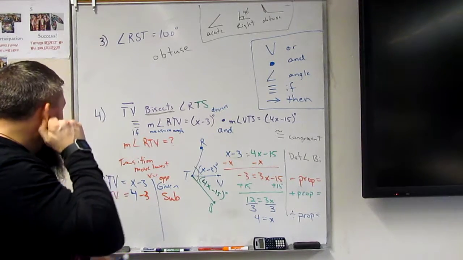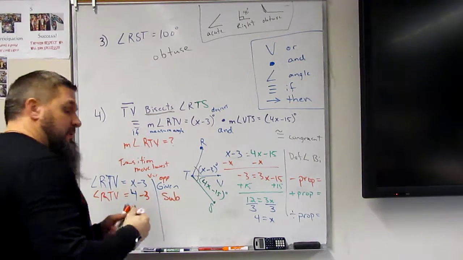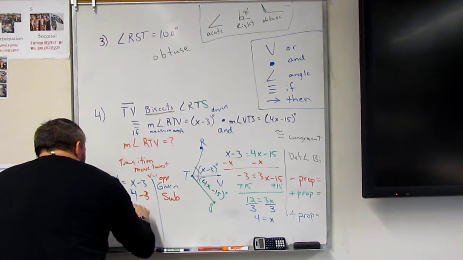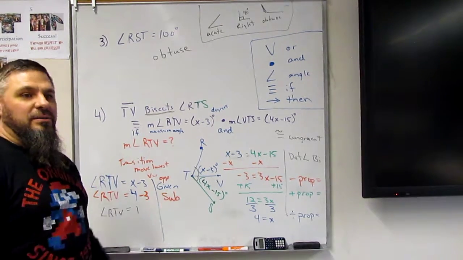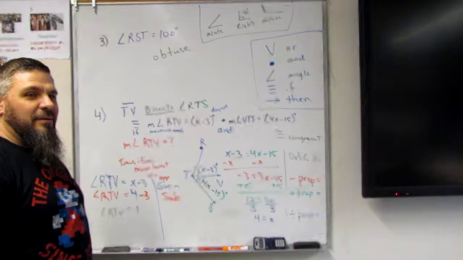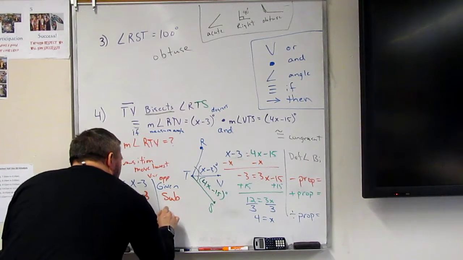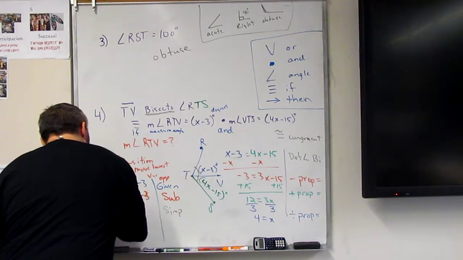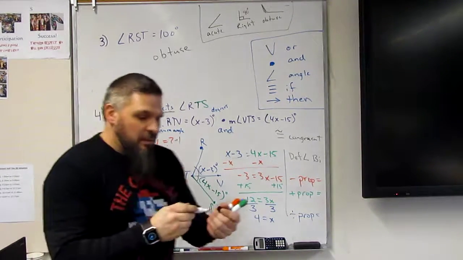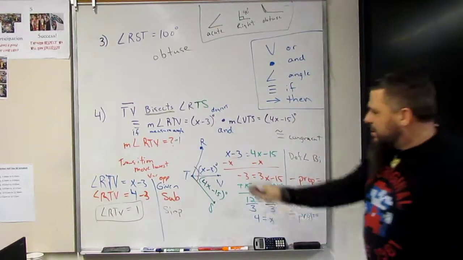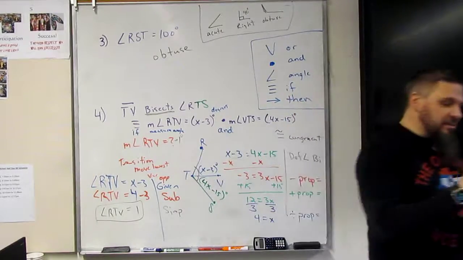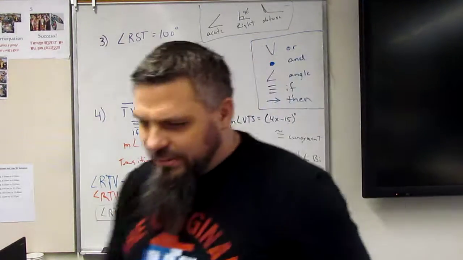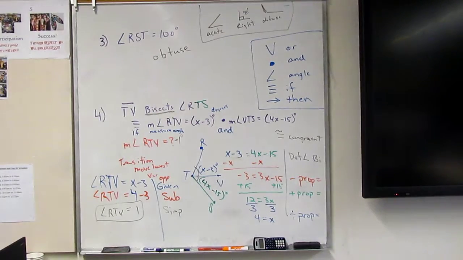So then what? RTV is equal to 1, right? What's that called? Done. So that's in degrees, so 1 degree. Yay! That wasn't too bad. It's a small angle.